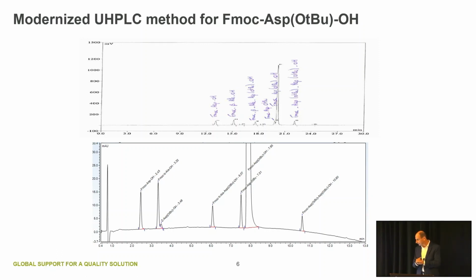So here we had a separation that was a little bit borderline, that we could still do, but we decided to modernize this technique. And also we wanted to eliminate some of the older solvents that still had hexane in them, and we just wanted to modernize it, again, for the safety of our employees. And we ended up with a newer method that's able to separate the D-enantiomer much better. And you can see at the back end of the chromatogram impurities that are not necessarily chiral.